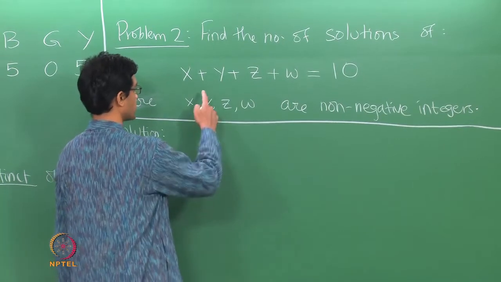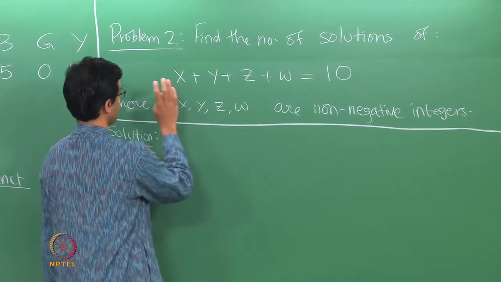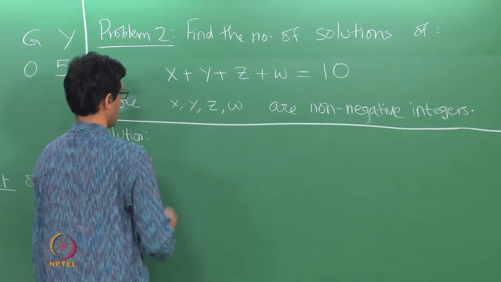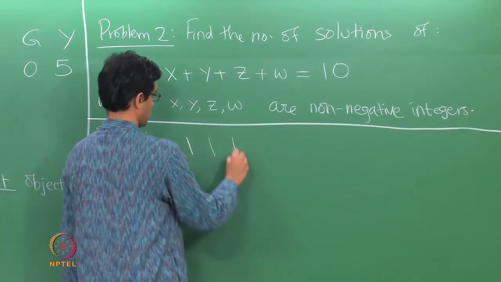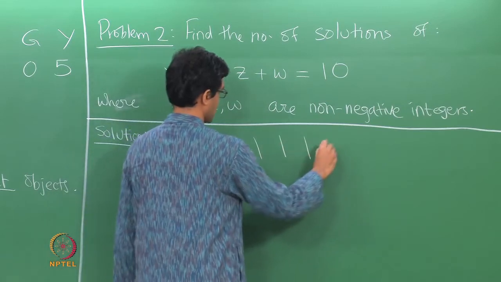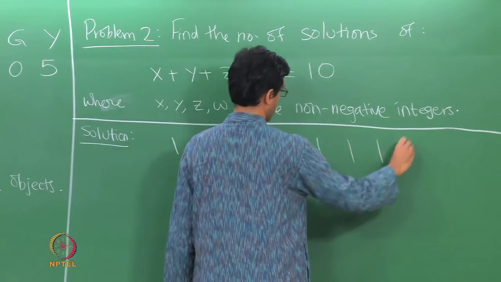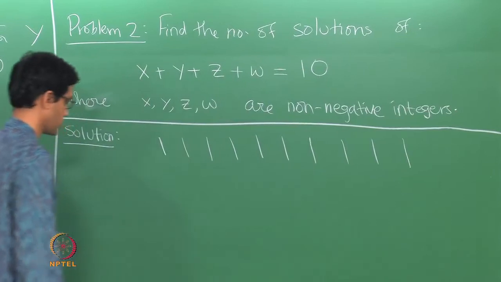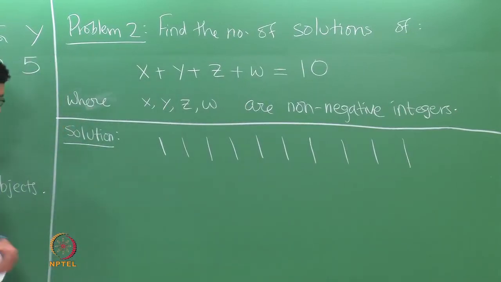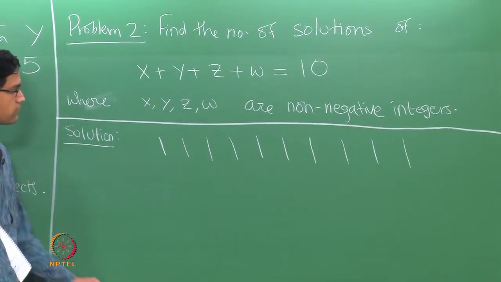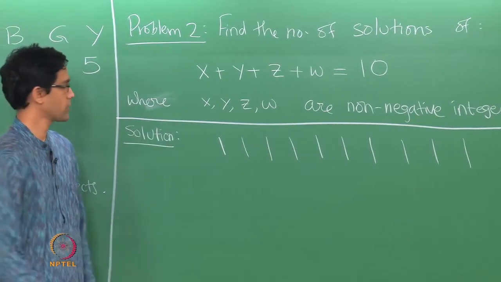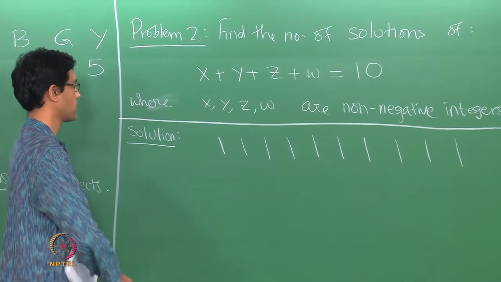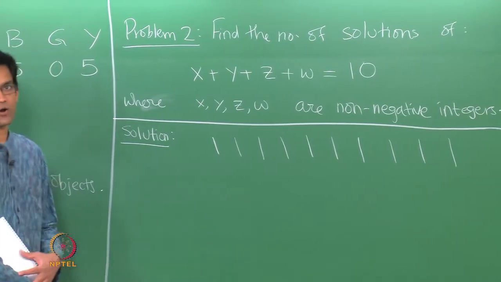So let's think about it in the formulation of problem 2. What we want is the following. Let me write down 1, 1, 1, 1, 1, 1, 1, 1, 1, 1. There are 10 ones now on the board. Okay. Now what we will do is the following. If you are given a solution x, y, z, w, for instance, let us take the solution that we already had.